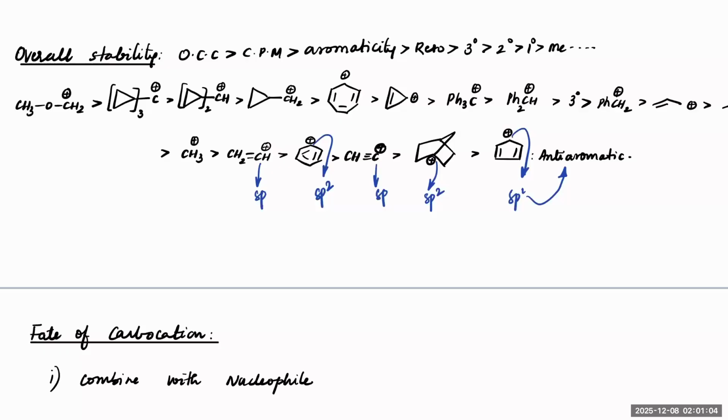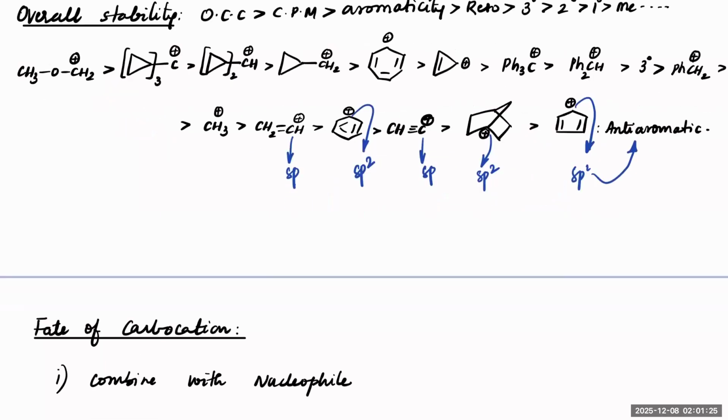Right. Let me explain this order. The lone pair present on this oxygen will try to push electrons, so that's how its octet gets completed. And that's the first priority of stability of carbocations. Next one, this is called the CPM carbocation. There are three of them. The more CPM, the more is the stability.